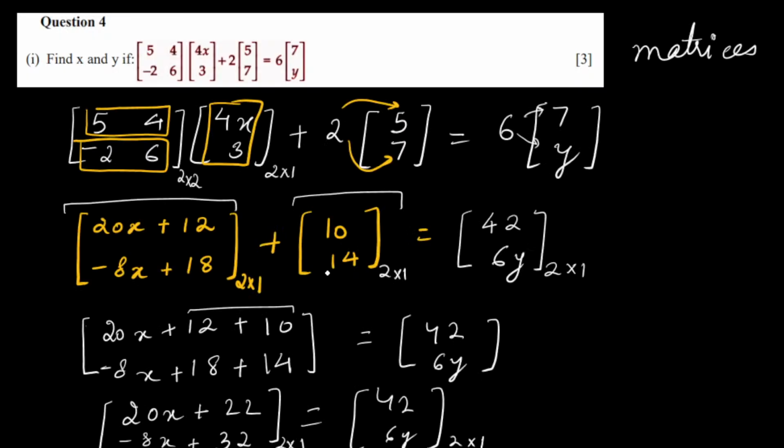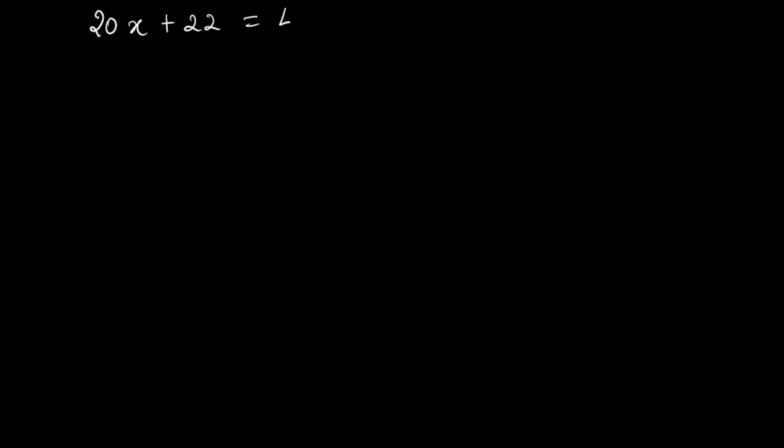So here I have 20x plus 22. See this element, the first element I can compare with the first one, the second with the second one. So 20x plus 22 is equal to 42. Now this has become a linear equation. So we can simplify this. 22 will shift to the other side.